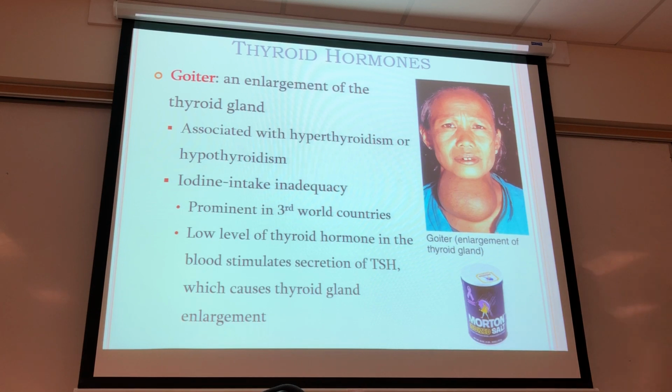And this is something that they look at, especially in third world countries. They noticed that the people in third world countries were having a lot of symptoms related to hyper and hypothyroidism. And what they found out, just looking at diets, looking at everything else, was that the thing that they were missing was iodine.